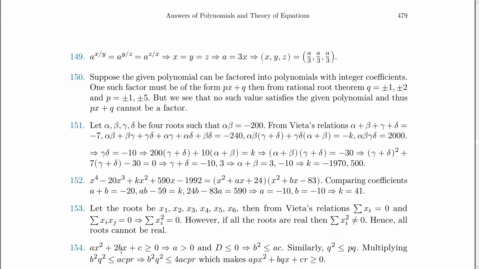Now we multiply these two, we get b²q² ≤ acpr, which implies that b²q² ≤ 4acpr. Now, how did we get this?